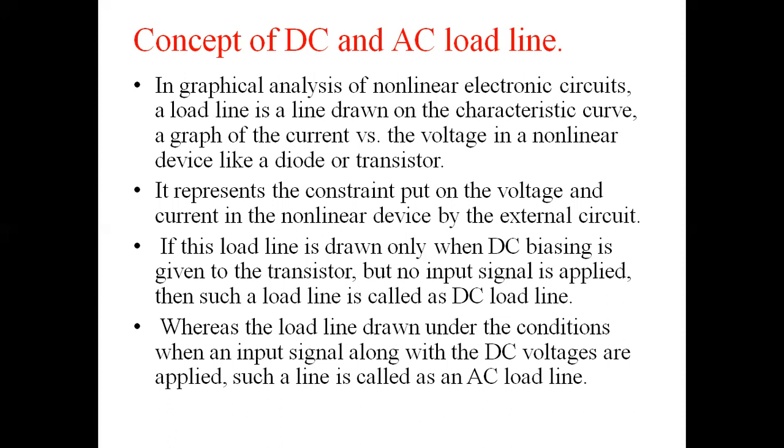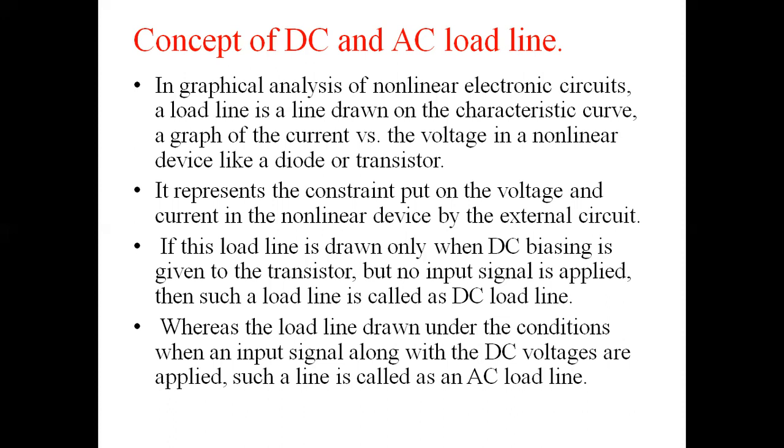In such a condition, whenever the graph is drawn between the current and voltage, we call it a DC load line. Why? Because here we are not considering any AC part at all. Completely, the characteristics which represent the transistor are DC values. That's why we are naming it a DC load line.